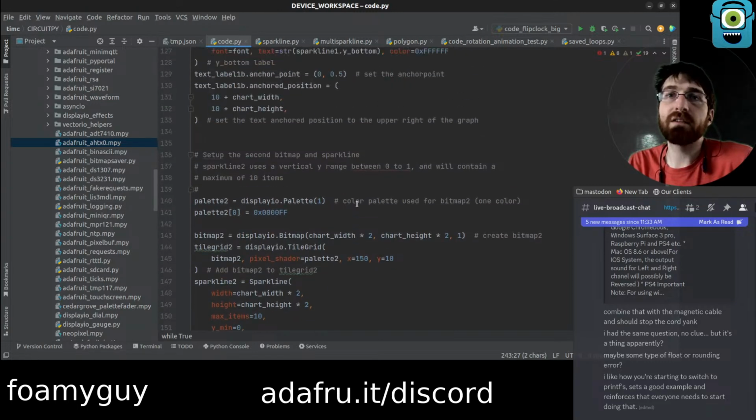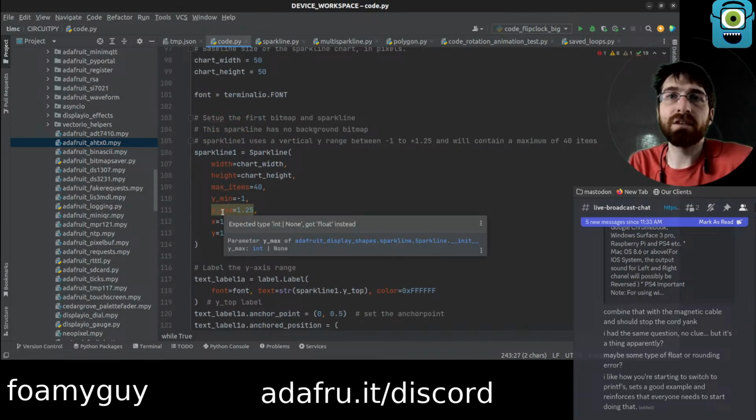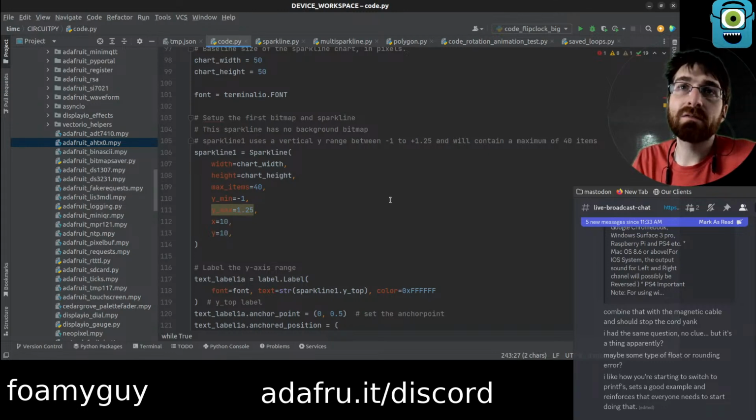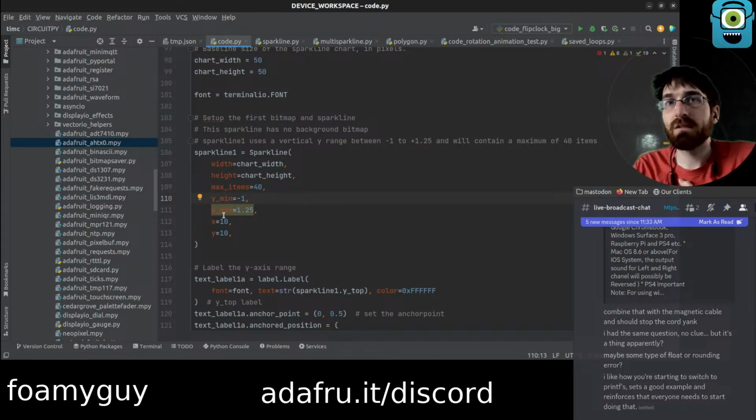Oh, steep is not like a settable thing? Oh, we do? Or if this is a hint. Seems like possibly a hint. Expected int. This is sparkline 1 though. Sparkline 1 seems to work fine. It does have ymin. Ymax.